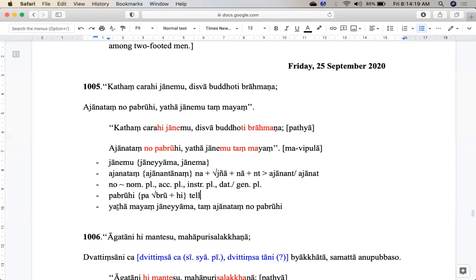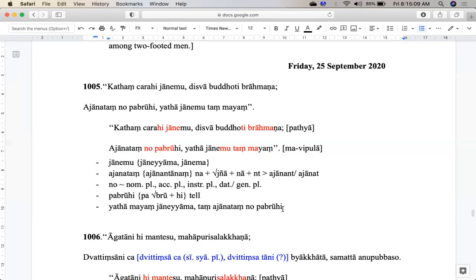Then that way, Babruhi, tell that way to us, and also Ajanatan, modifying the no, who don't know. Ajanatan is a present participle, who are not knowing. So in this way two clauses are joined together. Ajanatan no babruhi, yatha janimu dhamayan. The common sentence structure would be Yatha mayan janiyama, then tan ajanatan babruhi. So Yatha and Tan are related here.